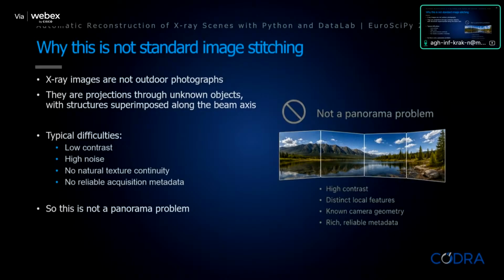So this is not a panorama problem. You can't simply use a ready-to-use algorithm that is used to stitch your photographs into a panorama, and it requires a specific reconstruction approach.